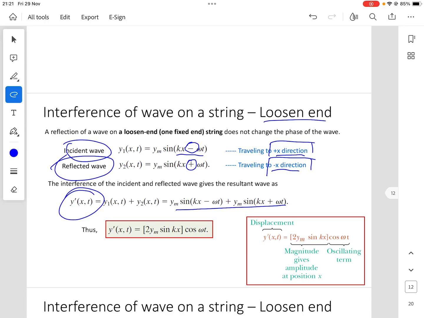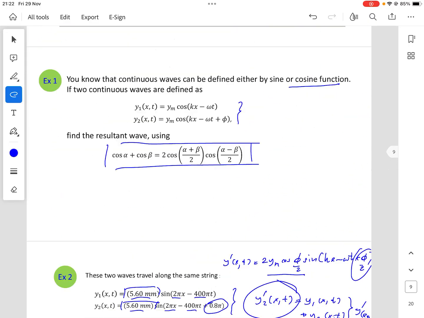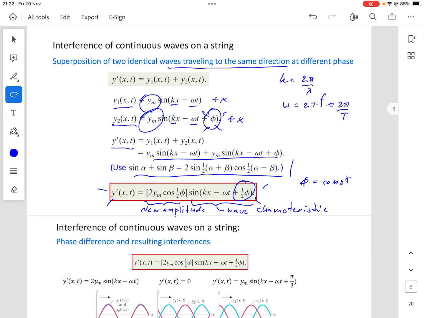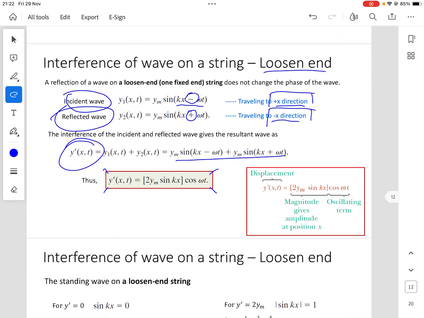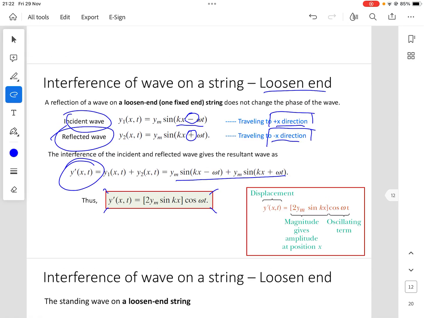What you get in this case is something like this. You can try by yourself, it's not difficult. You can use the mathematical formula to find the combination by yourself. I'll skip how to come up with this function, but it's quite easy.